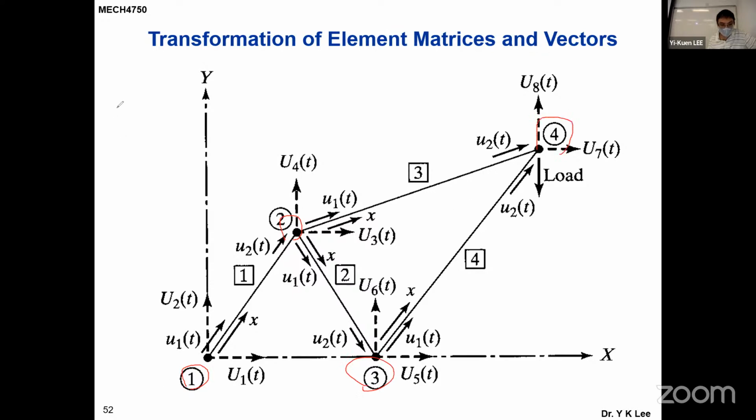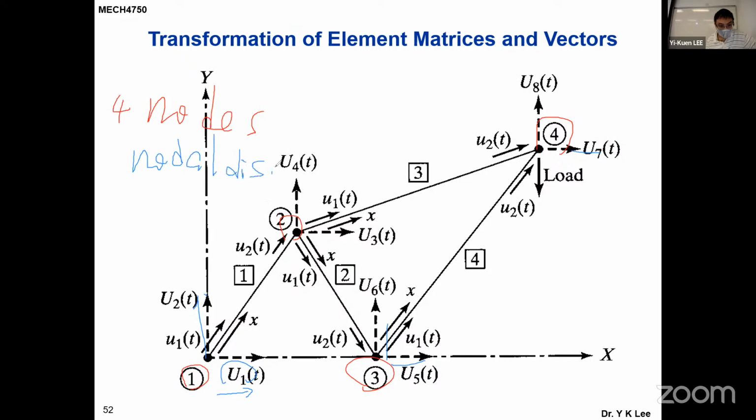We have 4 nodes, and each node is described by a nodal displacement.